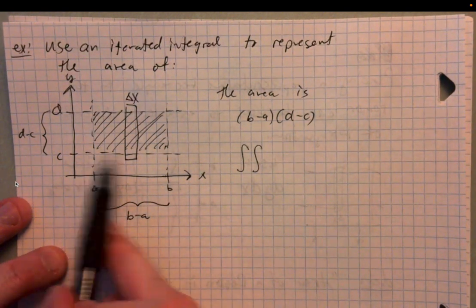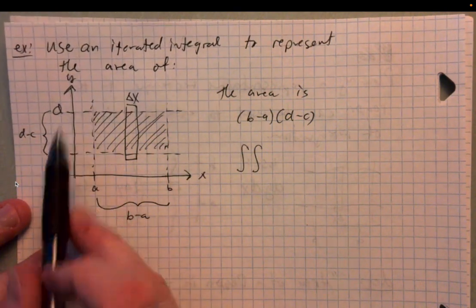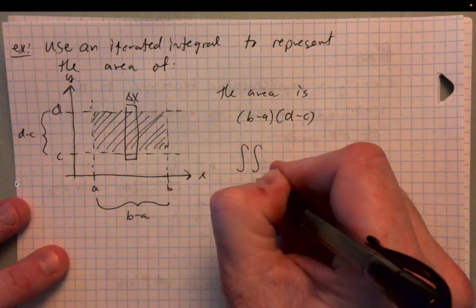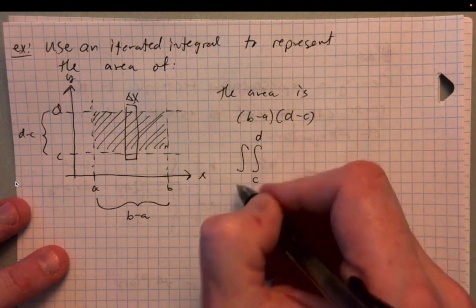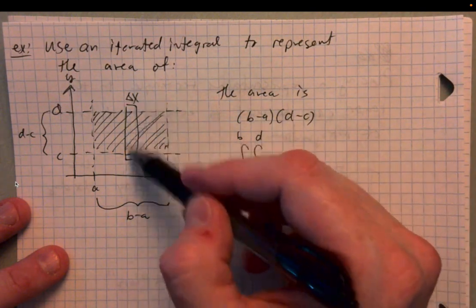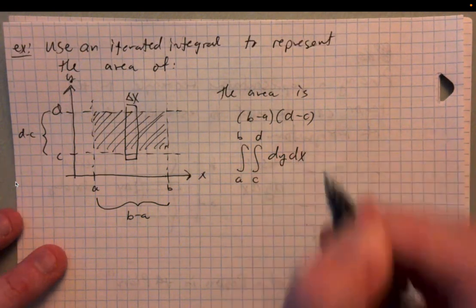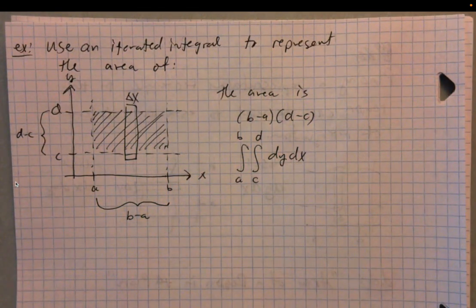The integration with respect to y has to happen along this between c and d, so my inside integral is going to go from c up to d. My outside integral is going to go from a up to b. And because I've oriented it this way, it's going to be a dy dx. So I would say that this is the iterated integral that we want to use to represent this area.